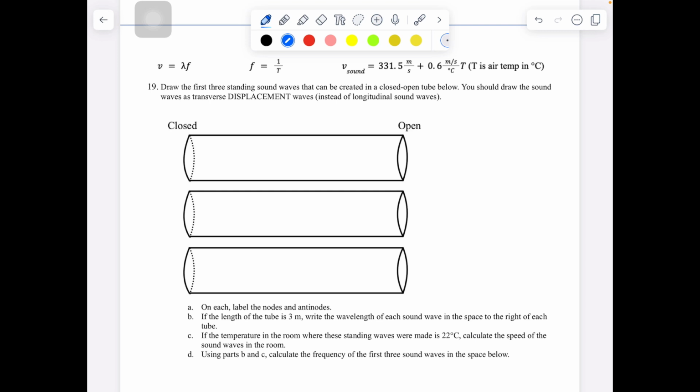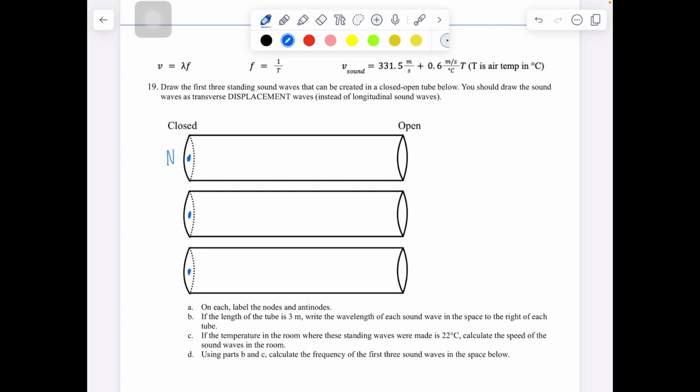Draw the first 3 standing sound waves that can be created in a closed open tube below. You should draw the sound waves as transverse displacement waves instead of longitudinal sound waves. Excellent. So, we have our closed tube. We know the closed end. You are always going to have a node on that closed end.